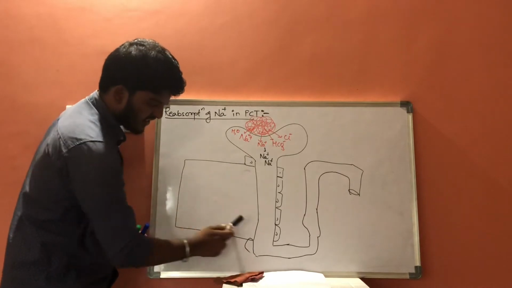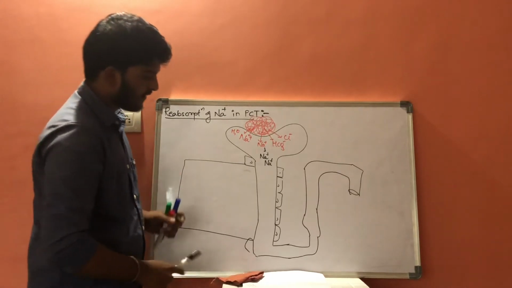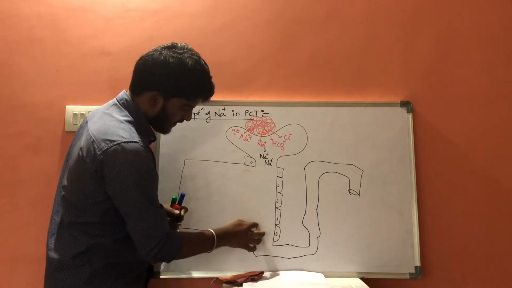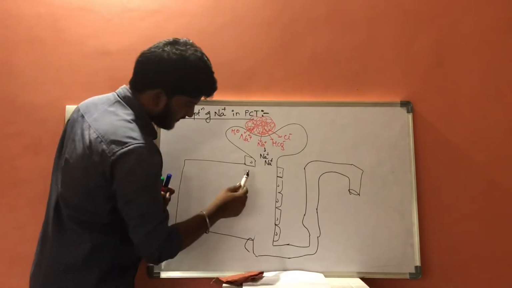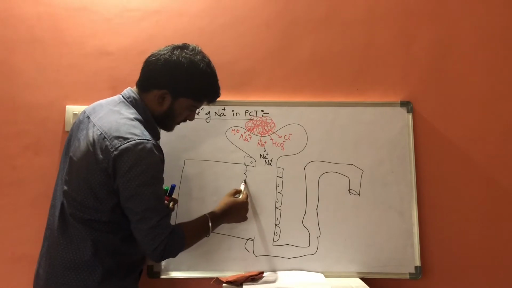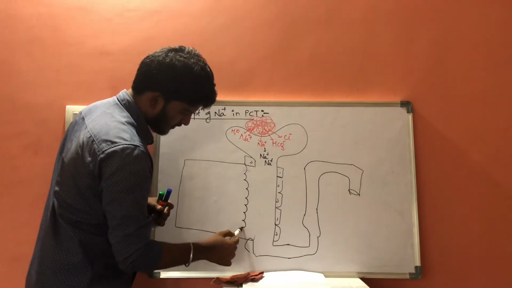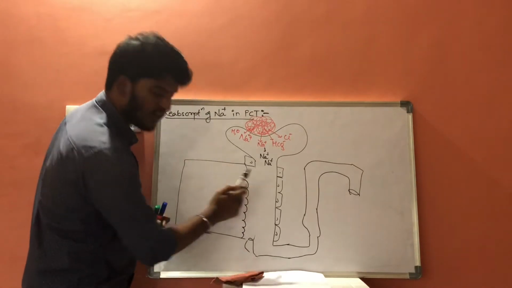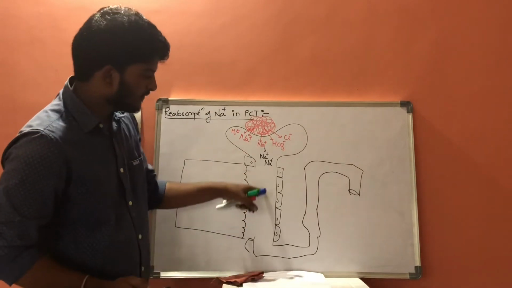So let us consider this is one cell and this is the area which is facing towards the lumen of the nephron.